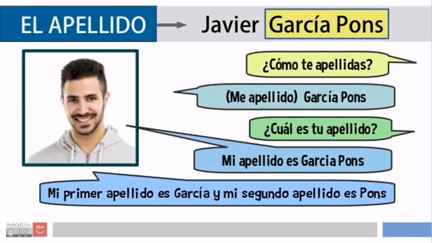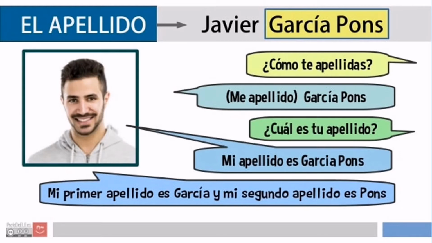We can ask this question in another form, saying, ¿Cuál es tu apellido? Which means the same thing. What's your last name? And he's going to answer, Mi apellido es Garcia Pons. So when you want to answer this question, you say, Mi apellido es, and you say your last name, which means my last name is.